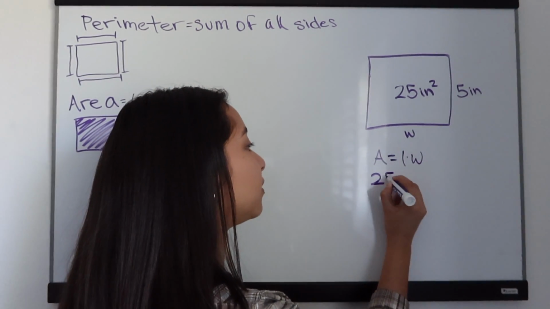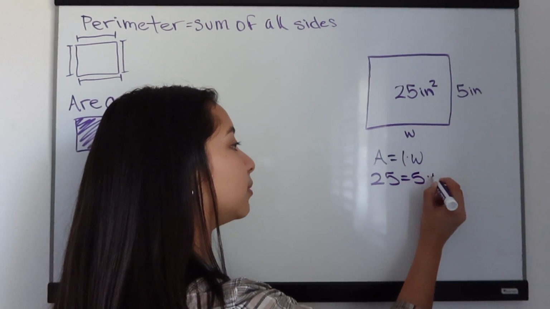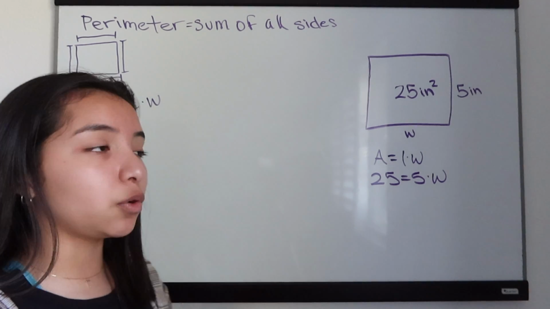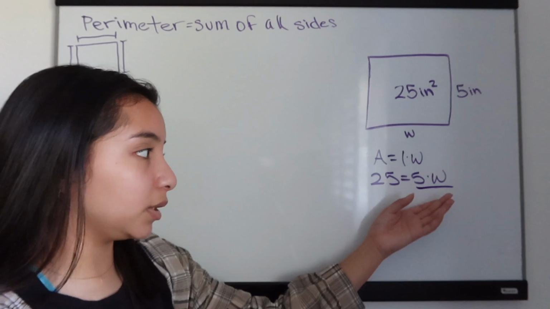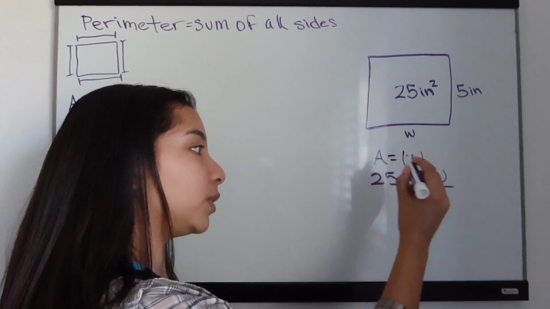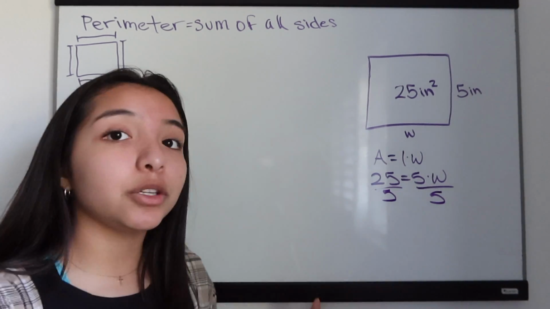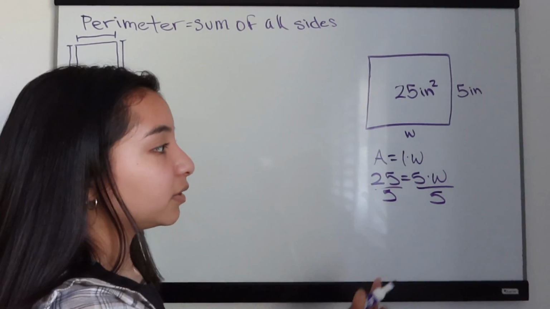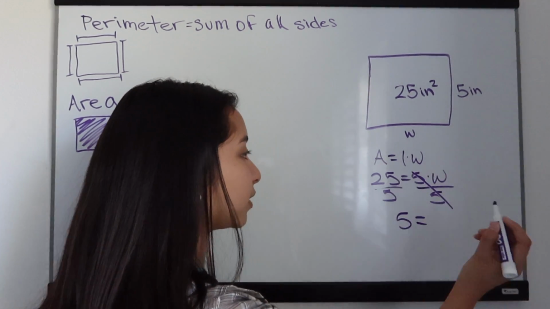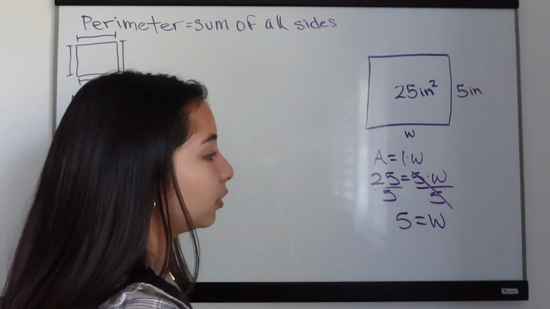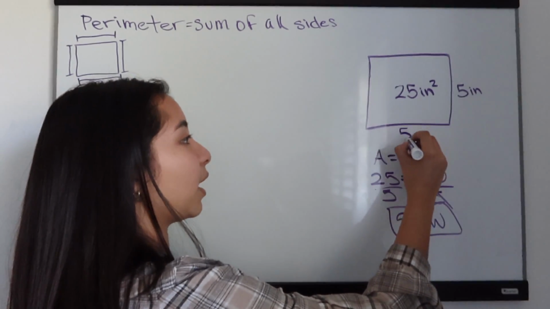Area is equal to 25 is equal to length 5 times W. So we can just solve this equation. 5 times W. We do the opposite of what's happening to the W. It's being multiplied by 5, so we divide by 5 on both sides. Whatever you do to one side, you do to the other. So 25 divided by 5 is equal to, 5's cancel out, W. So W is equal to 5. Width is equal to 5 inches.